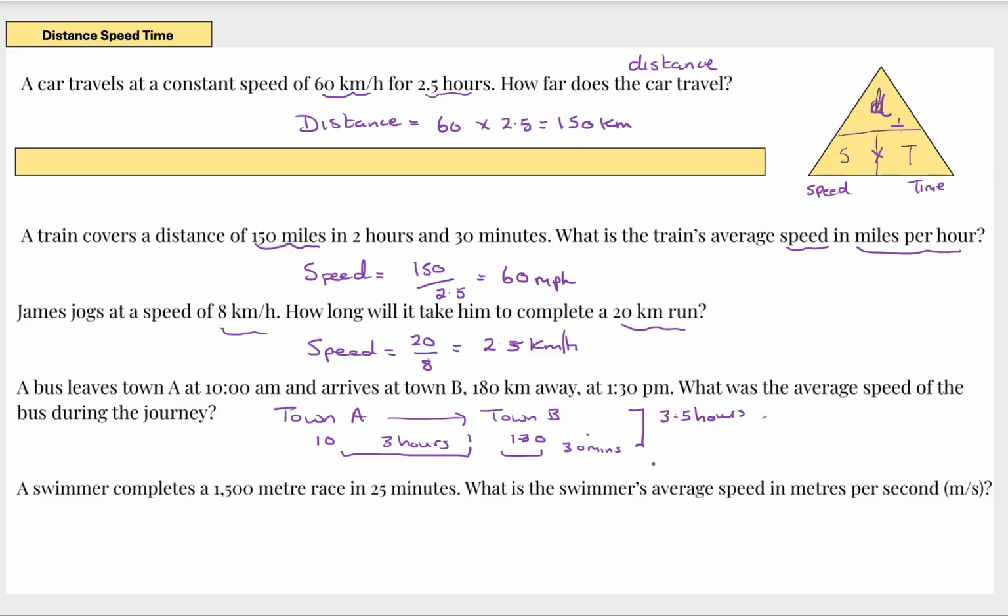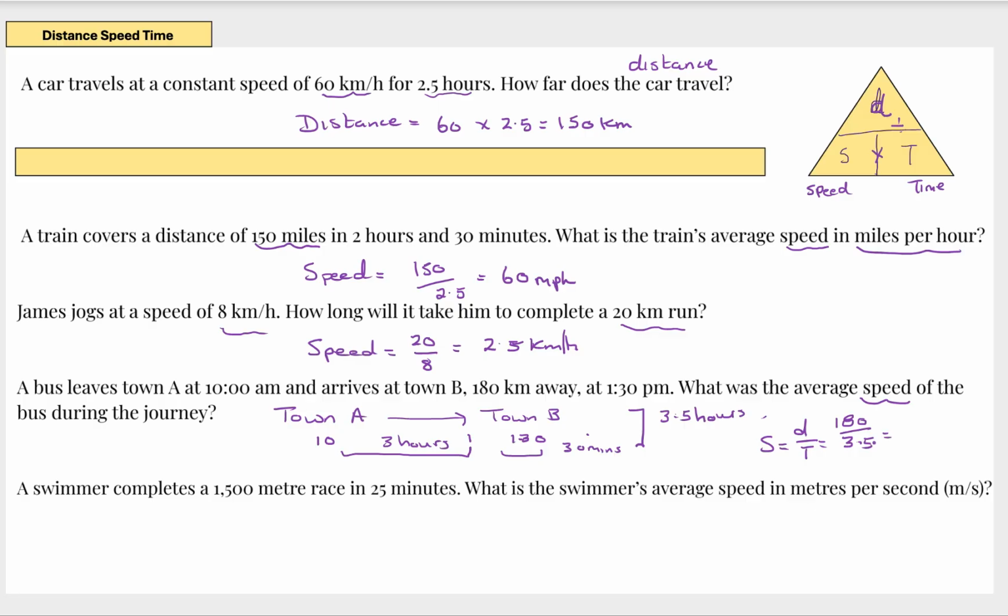So now I've got all the information, I can now plug it in. It's saying what the average speed is. It's another speed question, which is going to be speed equals distance over time. I've used it a lot. So our distance is 180 kilometres all over our time, which we know is 3.5 hours.